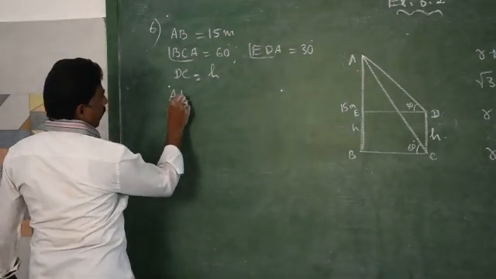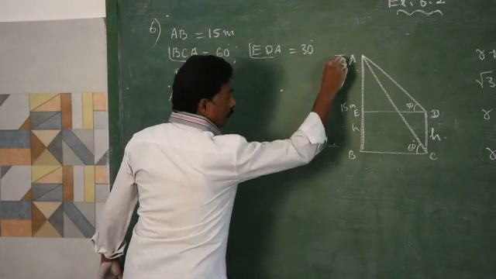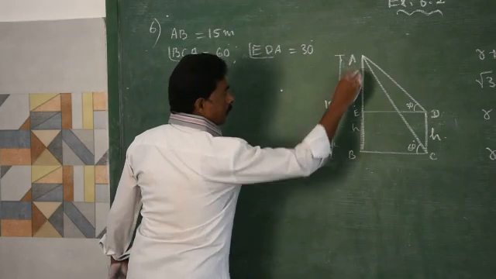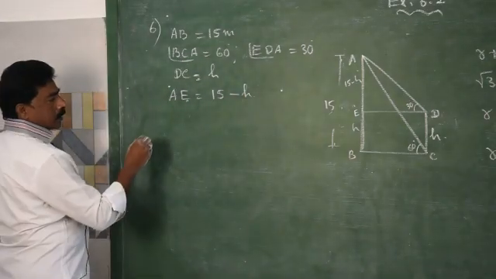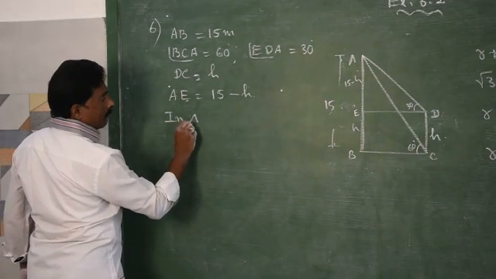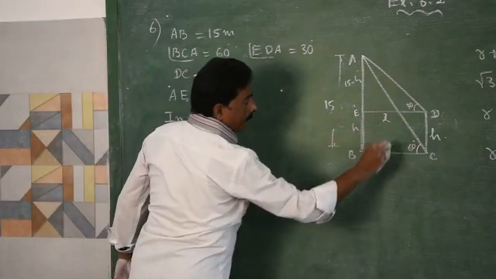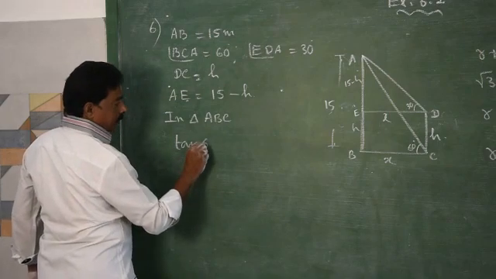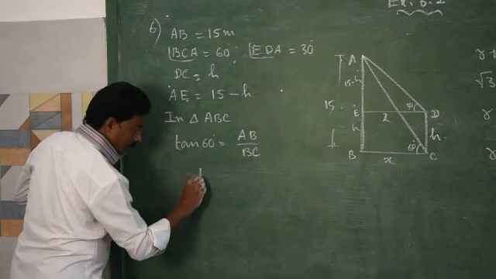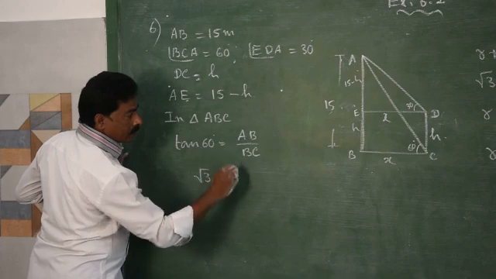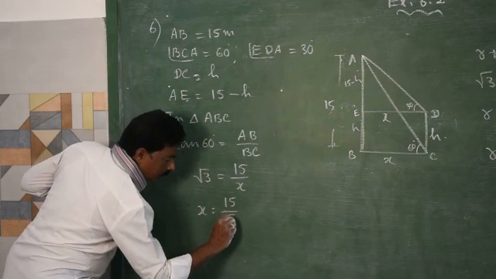AB is 15, so AE is 15 minus H. So in triangle ABC, tan 60 equals opposite AB, which is 15, by BC, which is X. So X is equal to 15 by root 3.